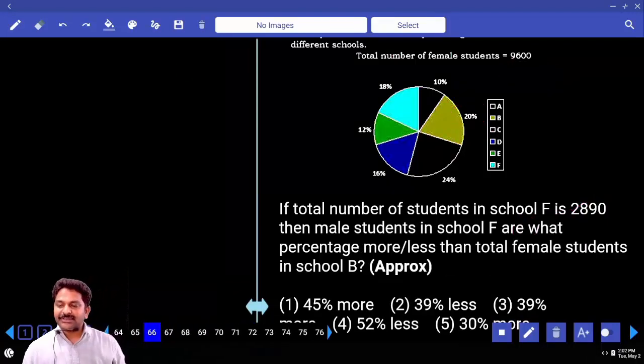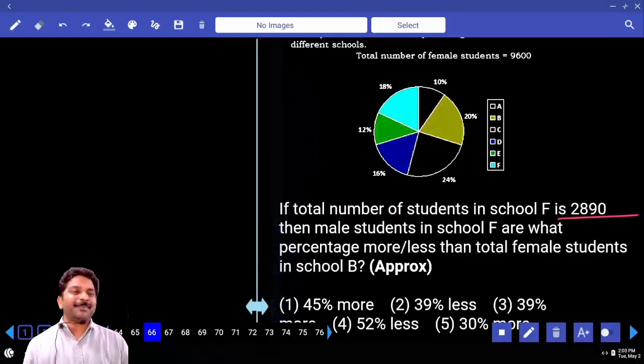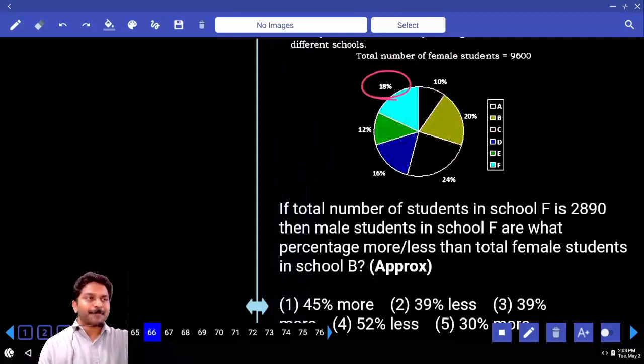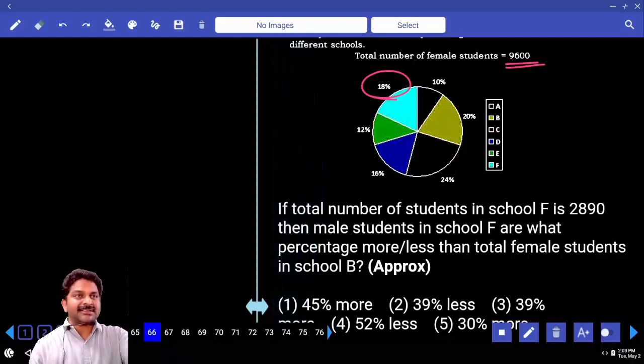The total number of students in school F is 2,890. Then male students in F are what percent more or less than female students in school B. Okay, right. So if you can convert into percentage, that's fine. Otherwise we need to calculate in F. How many female are there? 18%. 18% calculated on this number only? 9,600.